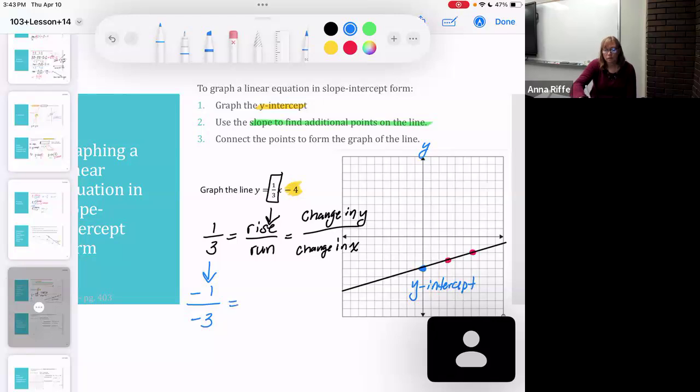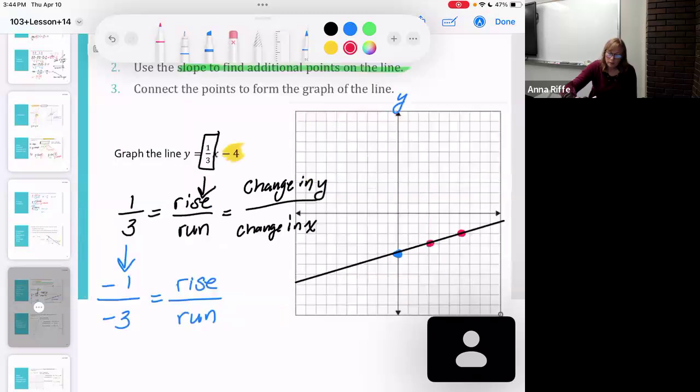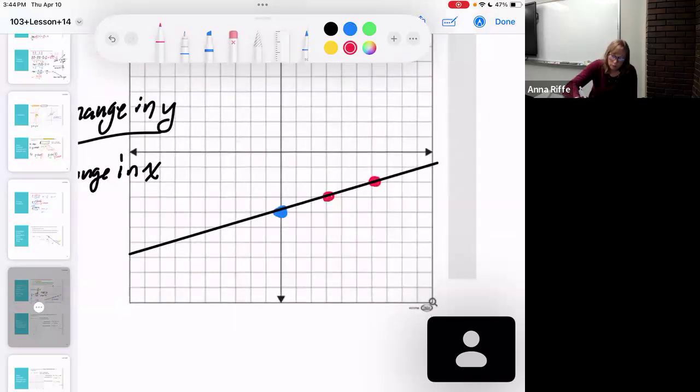So we could interpret this as a rise of -1 over a run of -3. So from that y-intercept, I'm going to go down 1 and to the left 3. 1, 2, 3. So that gives me another point on my line. I could go down 1 and to the left 3. 1, 2, 3. And I didn't draw my line very well, but that point should be on the line.